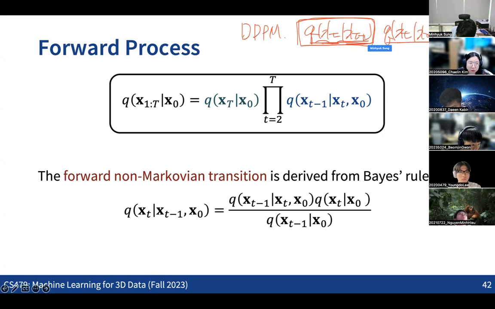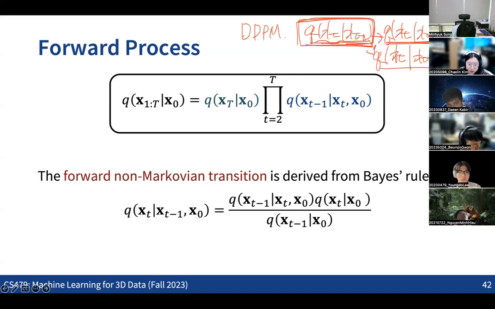And from this, we could derive the probability of the forward jump of the xt from the x0. And based on that, we could derive the xt minus 1 given the xt and the x0. So the point was that in the DDPM, from the single transition, these two were derived, right?